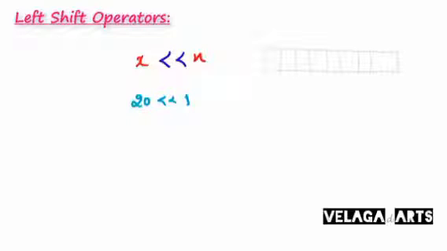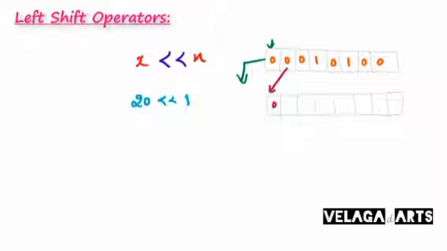The binary representation of 20 is 0, 0, 0, 1, 0, 1, 0, 0. And we need to apply the left shift operator. So this bit will be popped out, because we are shifting 20 towards the left side by 1 bit. This bit will move here and this will move here, and every other bit will move one place to the left.